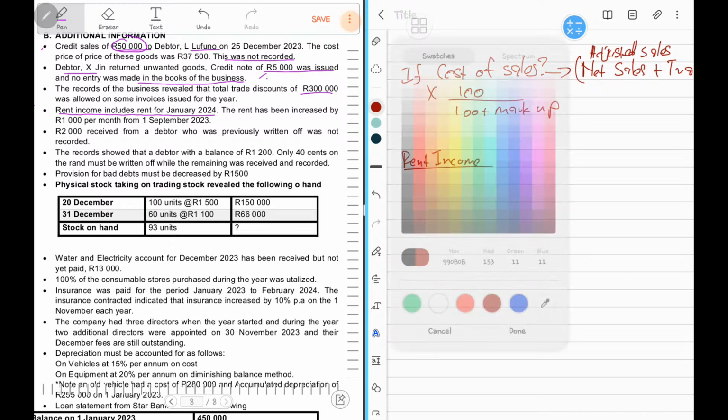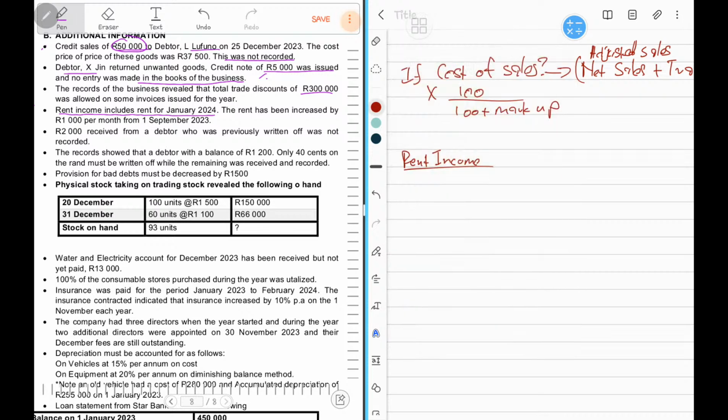So for this one, we're going to do a timeline so that we can see how we can apply it. So first of all, the year is starting on the 1st of January 2023. Then the year is ending on 31st of December 2023. Then we're being told that, remember, rent has been received up until January 2024.